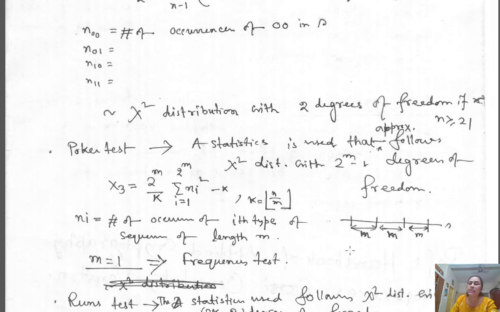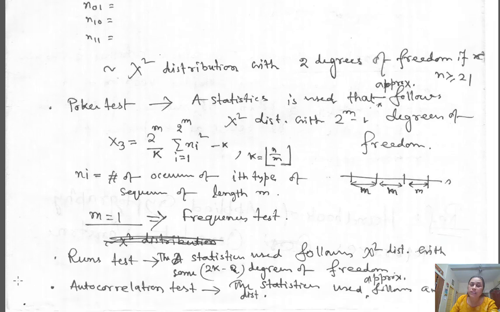You name them: this is the first type, this is the second type, like that, the ith type sequence of length m, and ni is the count. If you take m equal to 1, it is the frequency test, so this is more general. For the poker test, this random variable should satisfy chi-square distribution with these degrees of freedom.